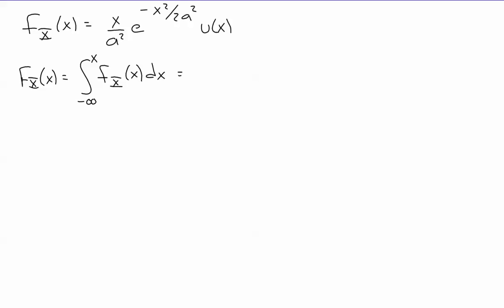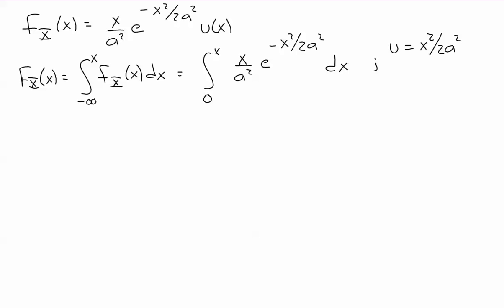And my step function affects the lower limit. So that gives me the integral from 0 to x of x over a squared e to the minus x squared over 2a squared dx. Now I'm going to do a change of variables. I'm going to let u equal x squared over 2a squared, and du will therefore be x over a squared dx.